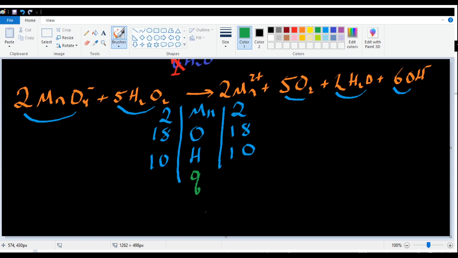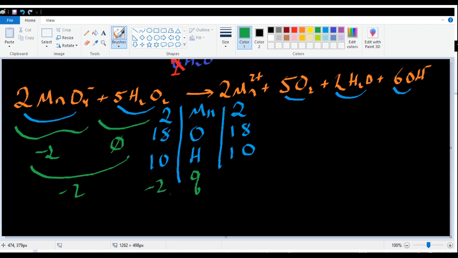So on the left we have 2 times -1 makes -2. 5 times 0 is 0, meaning we have a total of -2 on the left. 2 times +2 is +4. 0, 0, and -6 means a total of -2 on the right. So charge is balanced as well. Huzzah!